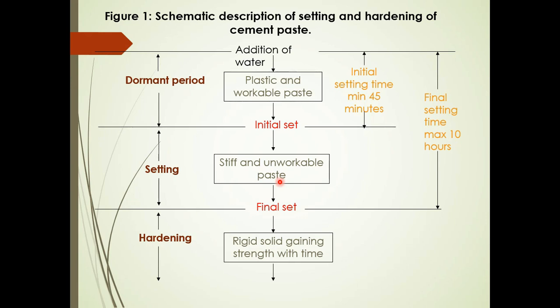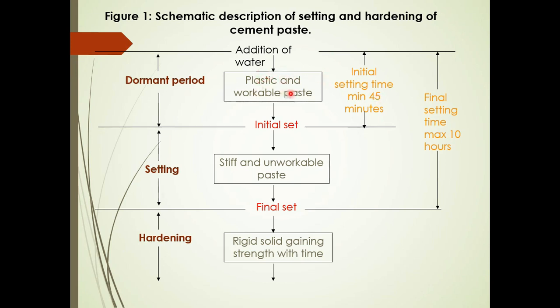Okay. Figure 1 shows the description of setting and hardening of cement paste. We have three stages here. The first stage is within what we call the initial setting time, within 45 minutes of addition of water and mixing the cement and water.